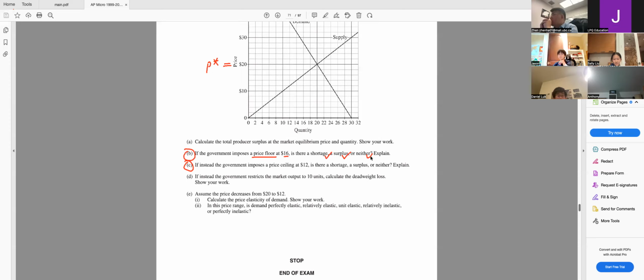Because a non-binding policy has no effects. It totally has no effects on the market. So the market equilibrium point still remains unchanged, still here. At the market equilibrium point, supply curve equals demand curve. So no shortage, no surplus. So your answer is right.